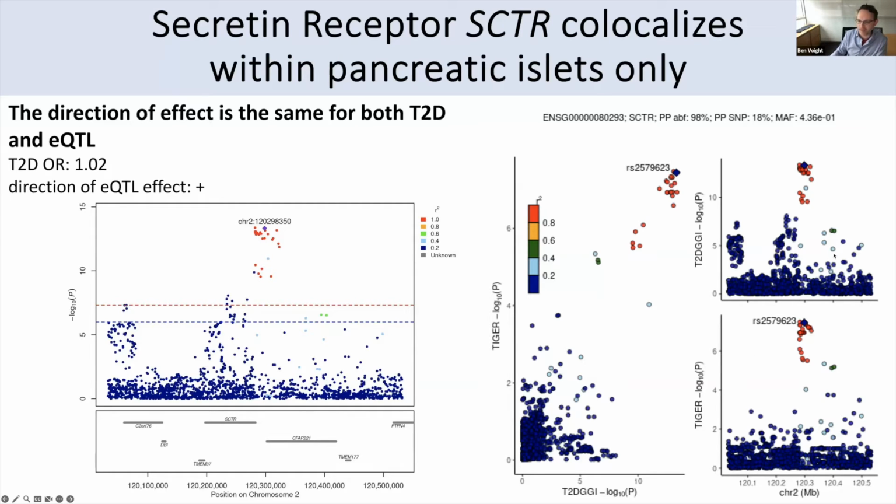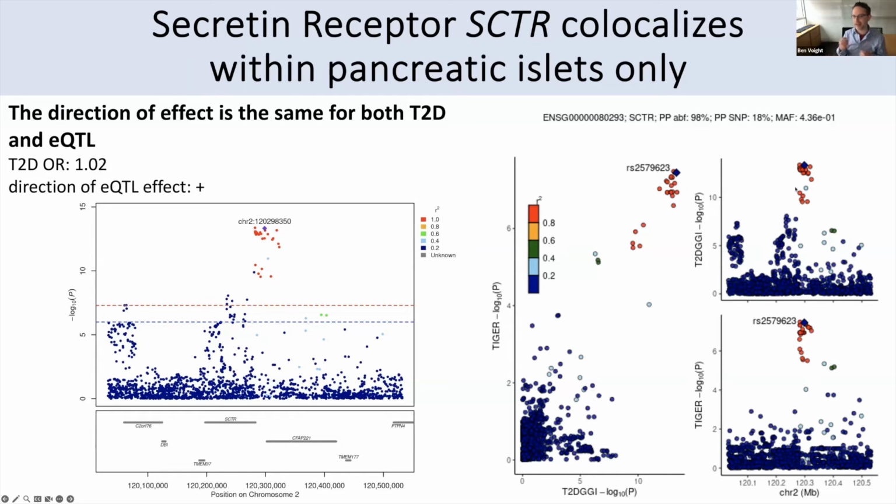On the right hand side, on the top I've got a summary of that data from the LocusZoom plot on the left, and on the bottom I have expression from the TIGER consortium. That's basically our bulk pancreatic islet eQTL data. What you can see, as a nice example of that cartoon version on the right, is a case where the association signal for the QTL effect implicating secretin receptor maps basically completely and perfectly onto the type 2 diabetes association.